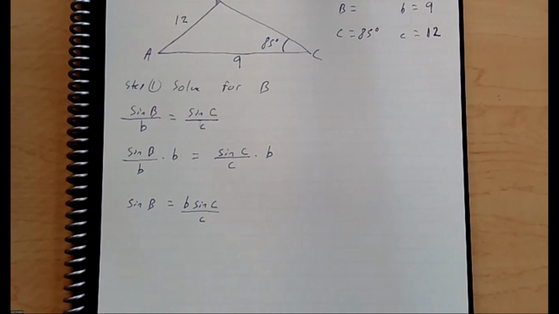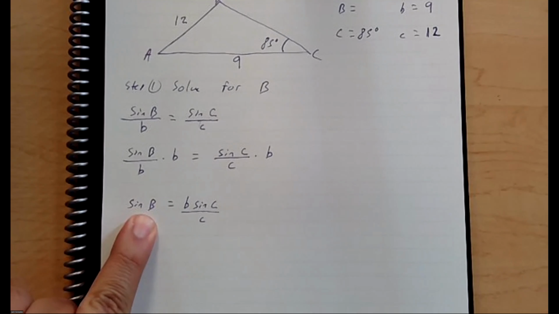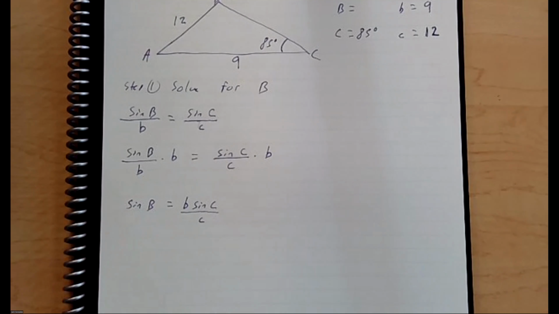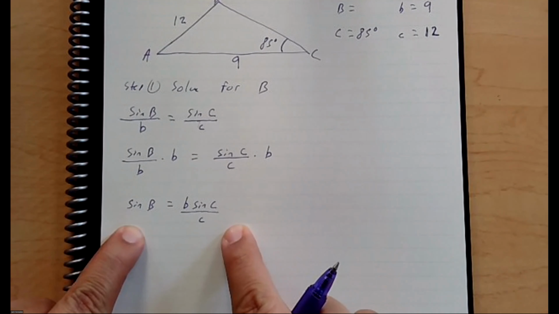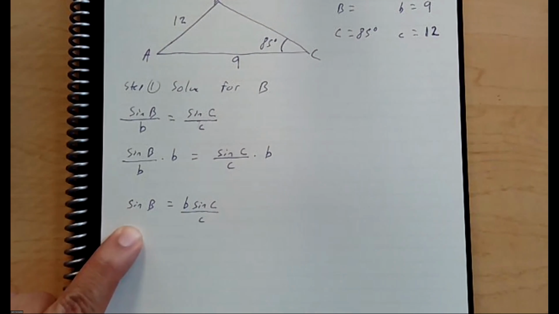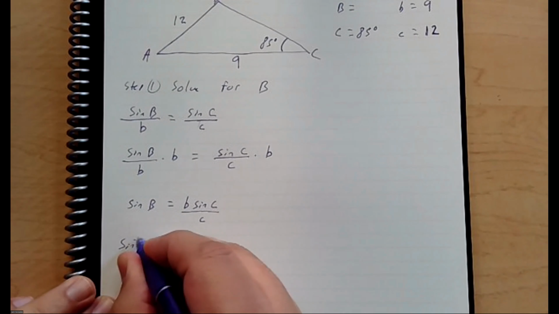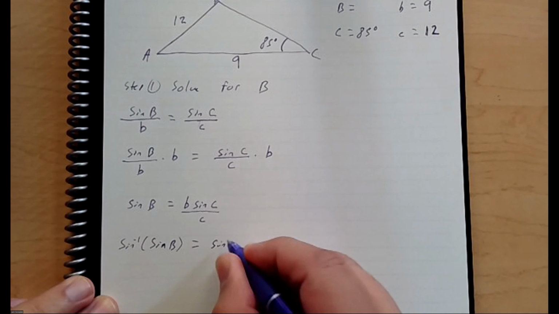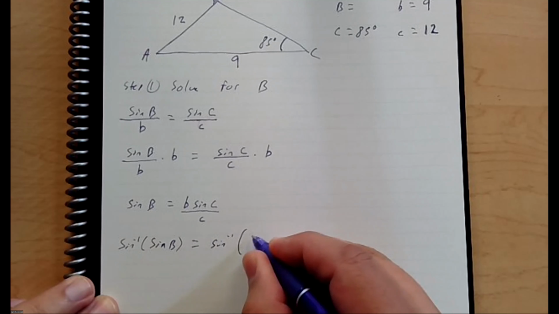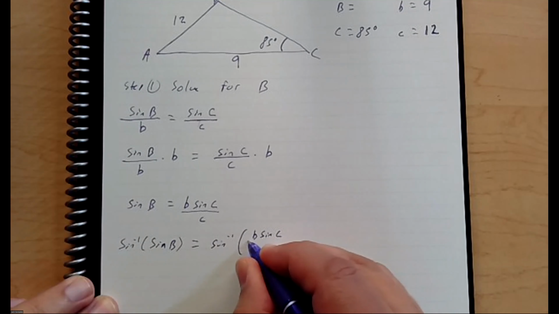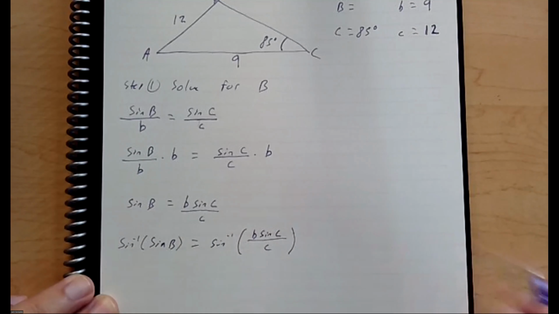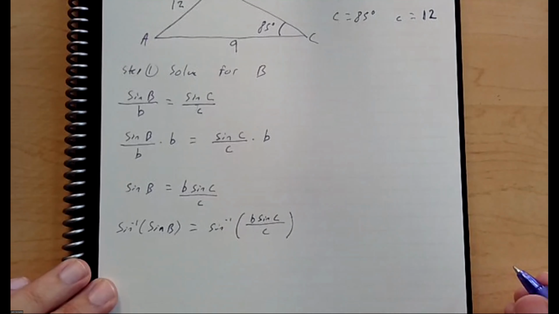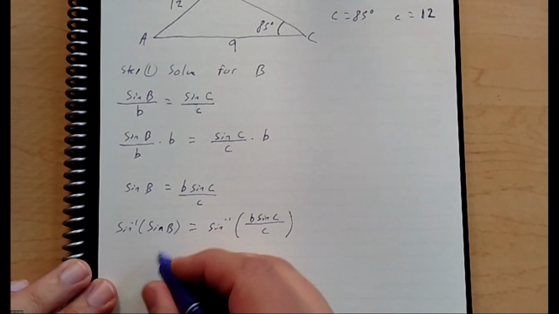So how do you solve for capital B? Do you remember how to get rid of sine? Yeah, we're going to have to take the inverse of both sides. Once we introduce that inverse, we'll plug in all these weirdo numbers. So sine inverse of both sides, and this is when you get those 2 angles. Does that make sense? So these will cancel, giving me B.